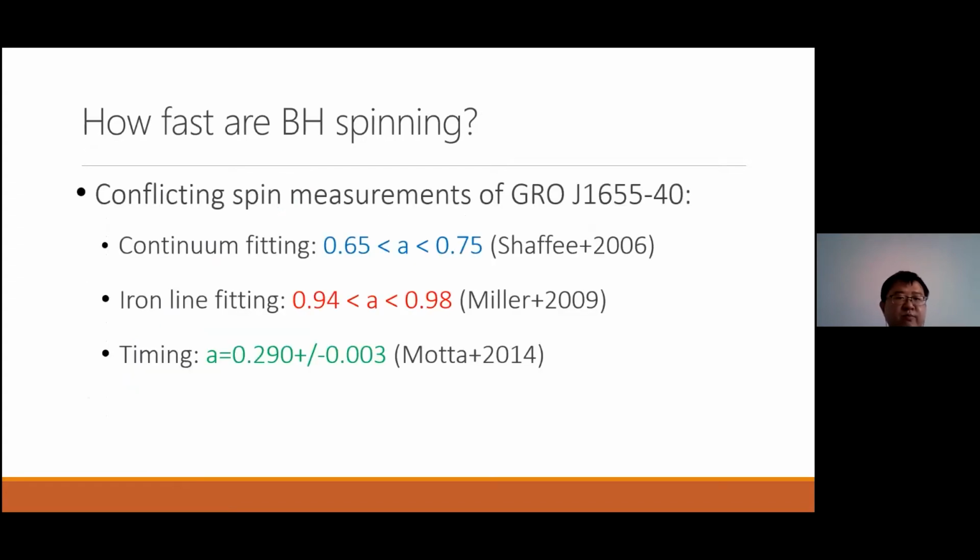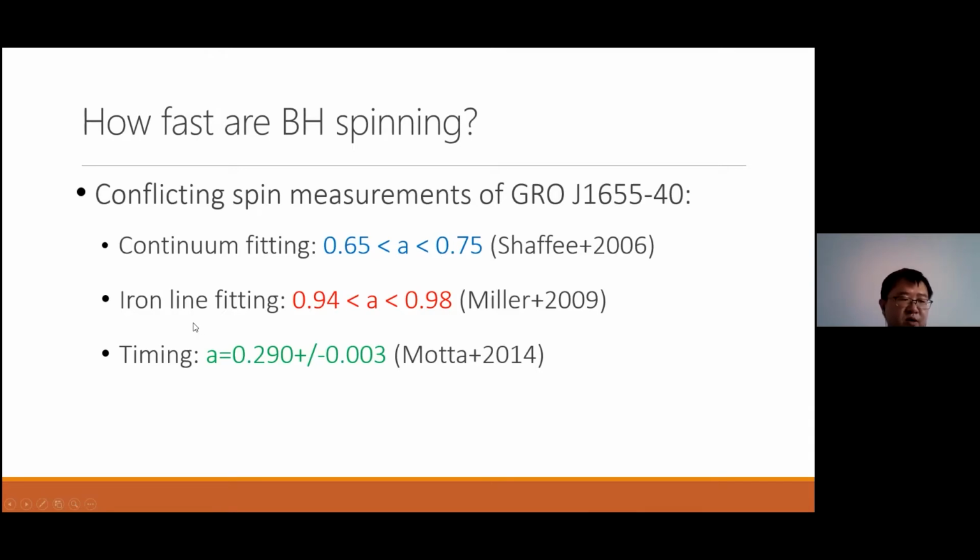And another question about the black hole is how fast the black hole is spinning. And for this particular black hole binary, GRO J1655-40, the spin measurements from different methods are not consistent with each other. So from the continuum fitting method, people get a more or less moderate spin around 0.7.